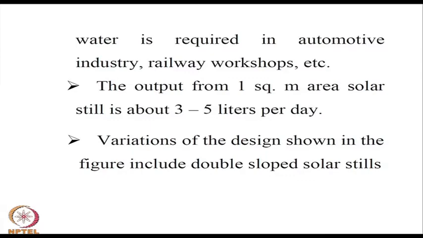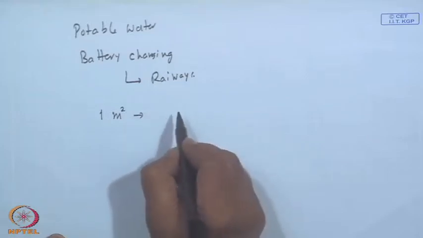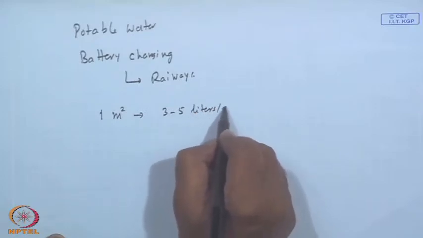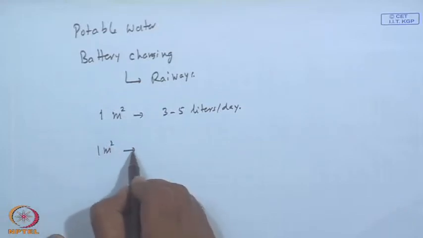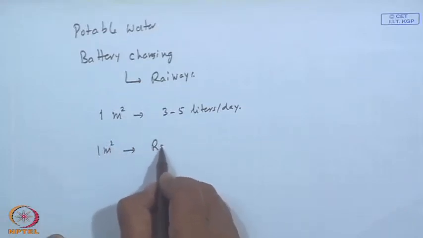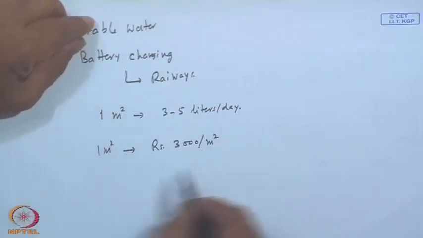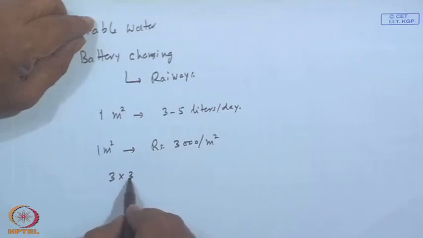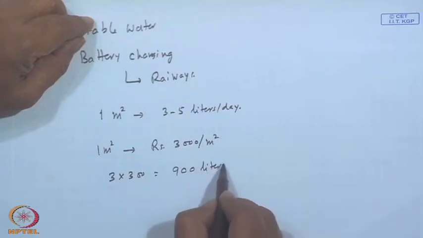So, the output from 1 square meter of the solar still is about 3 to 5 liters a day. If 1 square meter costs around, let us say, Rs 3000 per square meter, then even at the rate of 3 into 300, that will be about 900 liters per year.